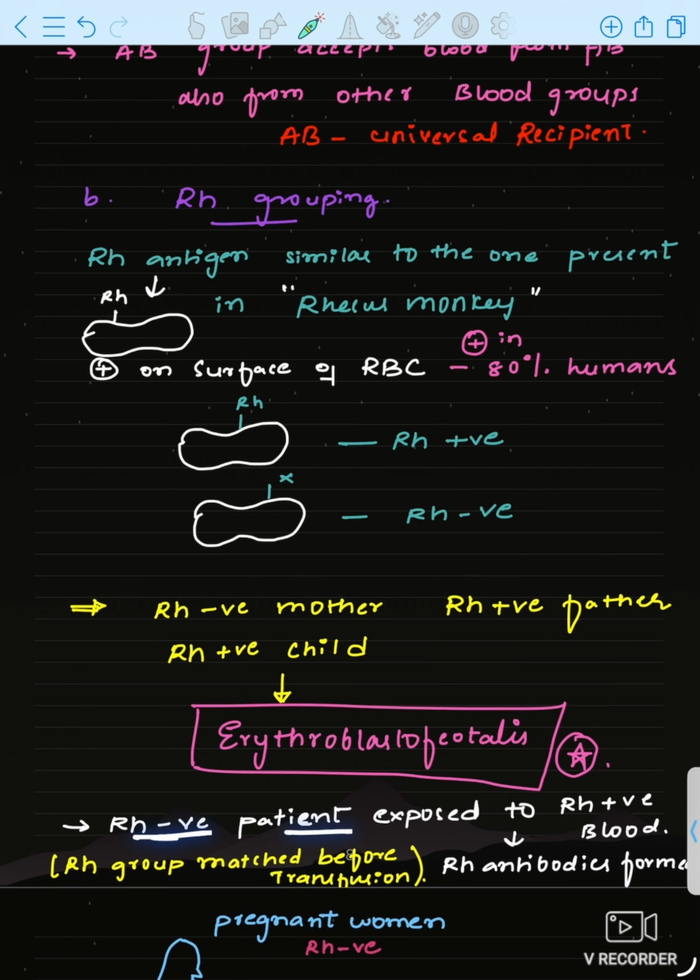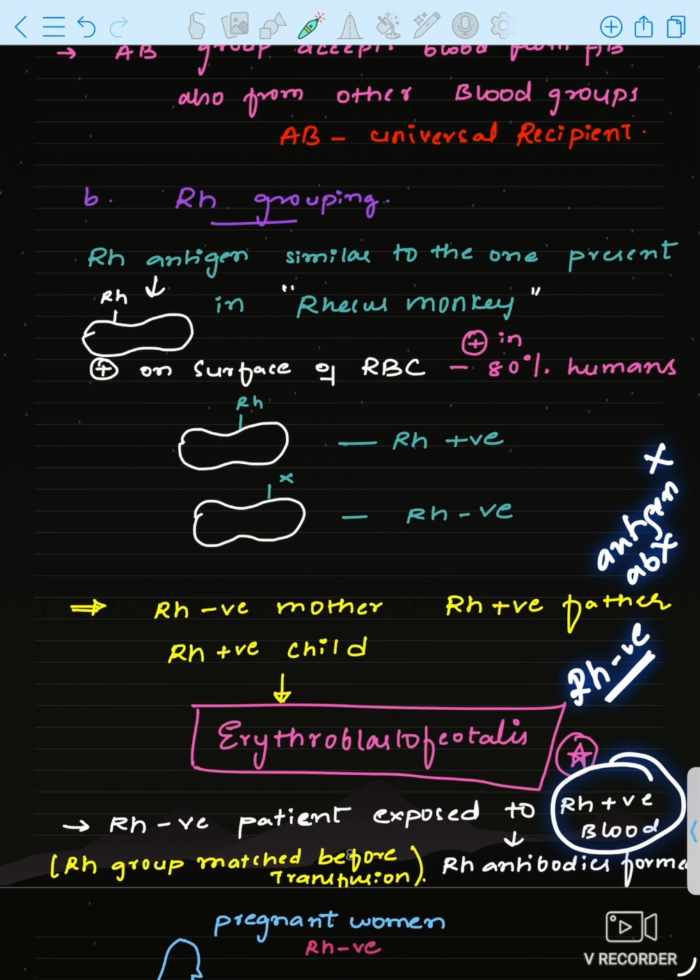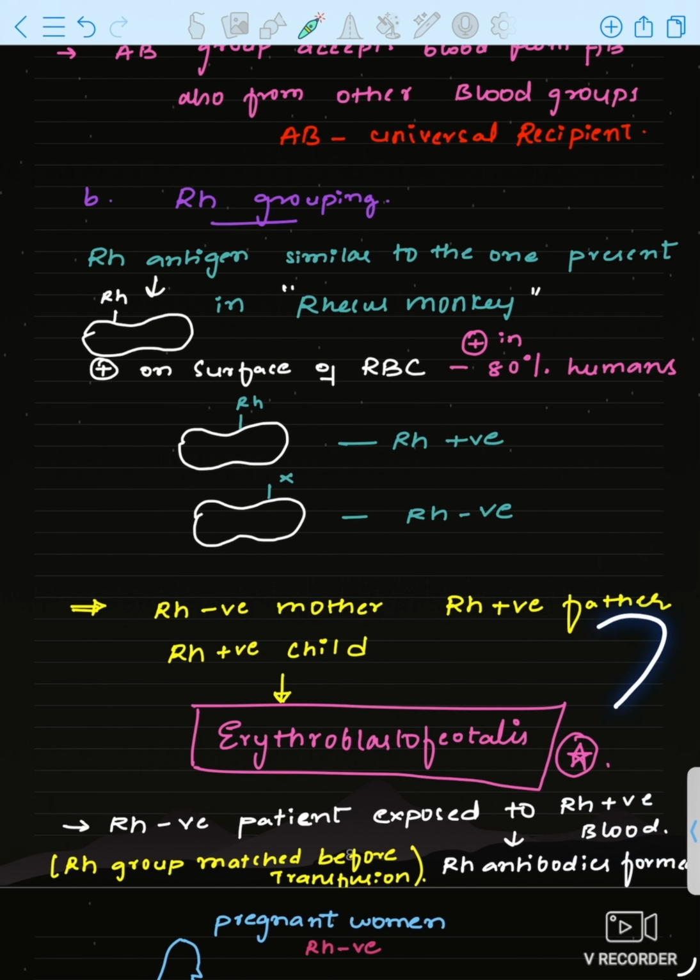See, when an Rh negative patient is exposed to Rh positive blood, what happens? In an Rh negative patient, no antigens will be there and antibodies also will not be there. Now Rh positive blood is introduced in her. Rh positive means what? Antigens are present, no? So in the Rh negative female, against those Rh antigens, Rh antibodies will be produced.